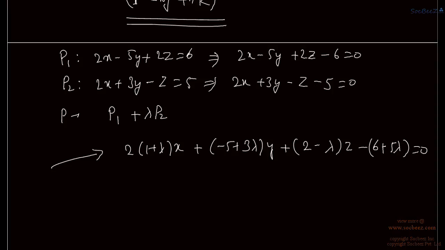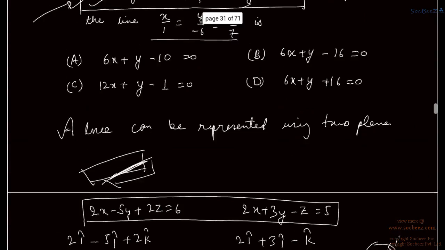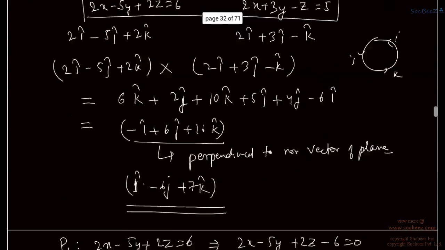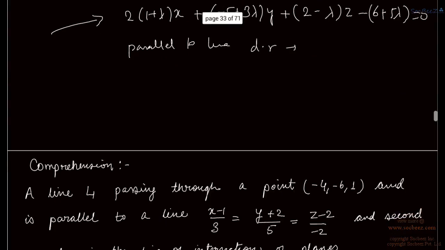Okay, so this plane is parallel to the line whose direction ratios are 1, minus 6 and 7.